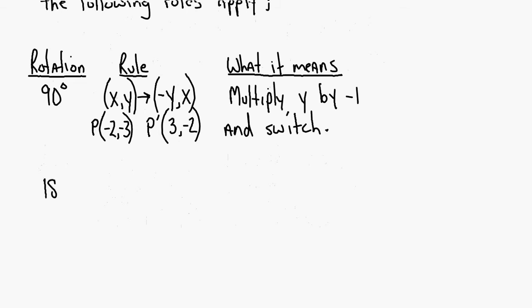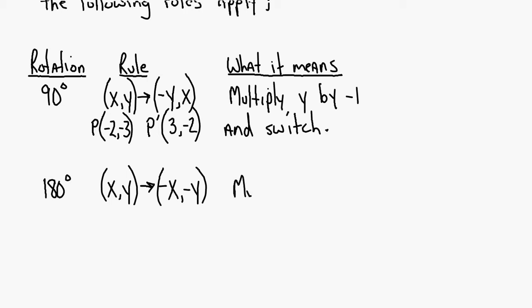180-degree rotation. The rule is for every xy, multiply both values by -1. Alright, so to rotate a point 180 degrees about the origin, you take the original xy values and you multiply them both by -1.